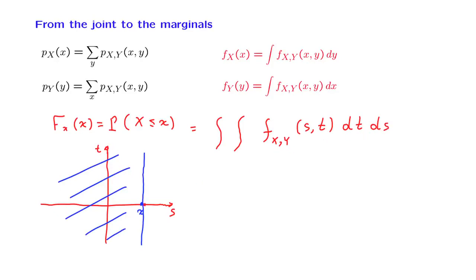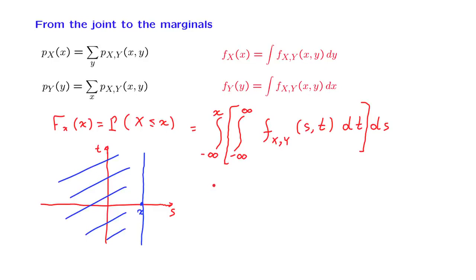The variable t can be anything, so it ranges from -infinity to infinity, but the variable s, the first argument, ranges from -infinity up to this point, which is x. Think of this double integral as an integral with respect to the variable s of this complicated function inside the brackets.